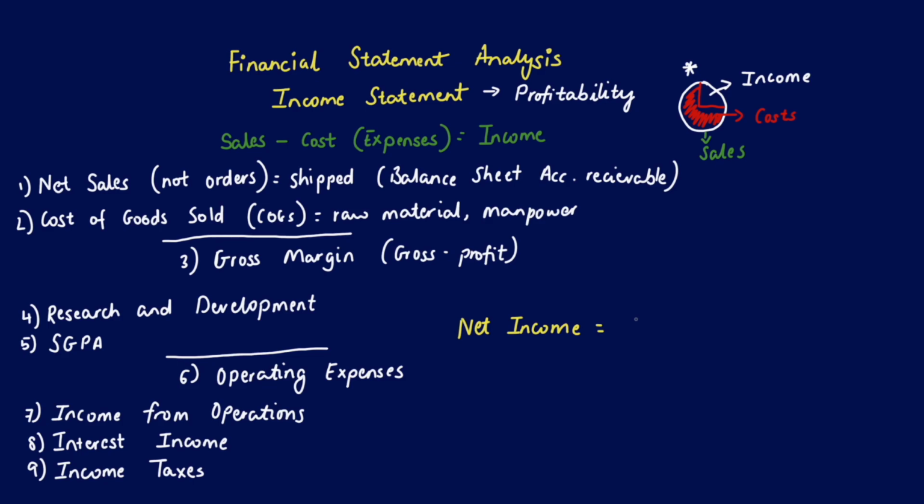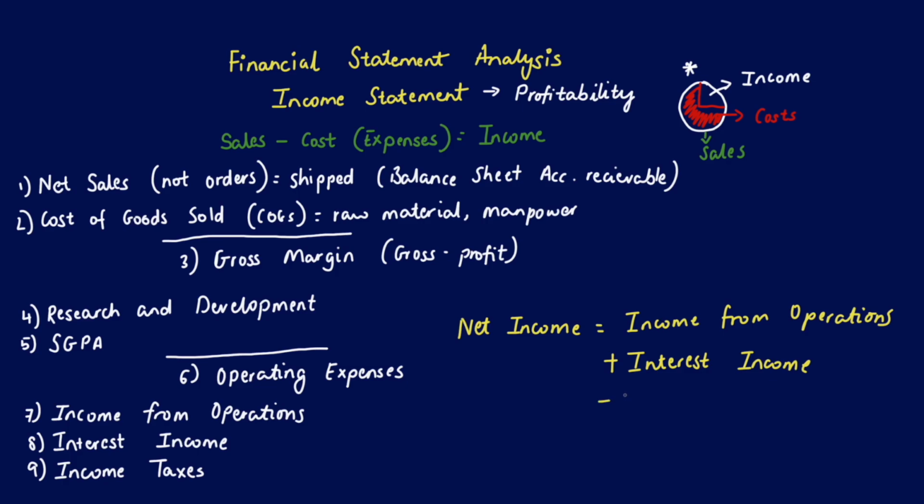In order to find your net income, you take your income from operations and add your interest income, because both of these have money coming in.